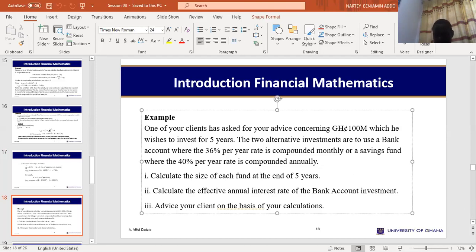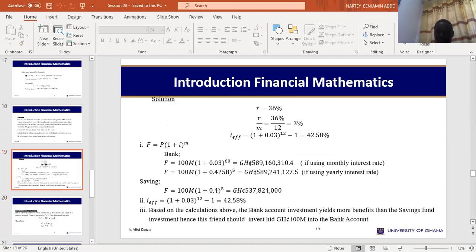Okay. So you can see that for the first one, you divide your nominal rate of 36% by the frequency. So 36 over 12, that's 3%. So when you calculate the effective annual interest rate, you get 42.58%.